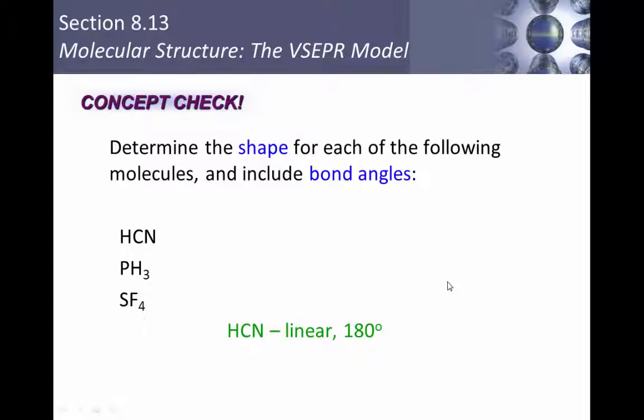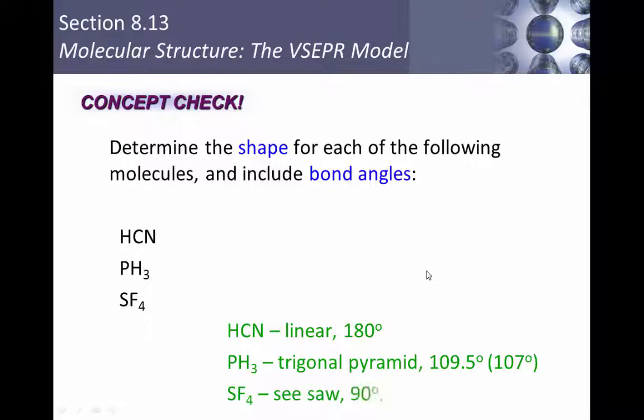Okay, linear, 180 degrees. Trigonal pyramidal, 109.5, well, less than 109.5 technically because of the lone pair. And then seesaw.